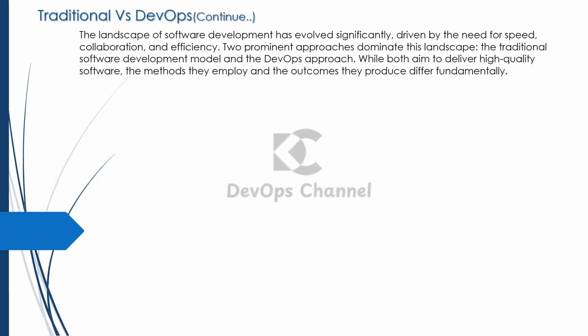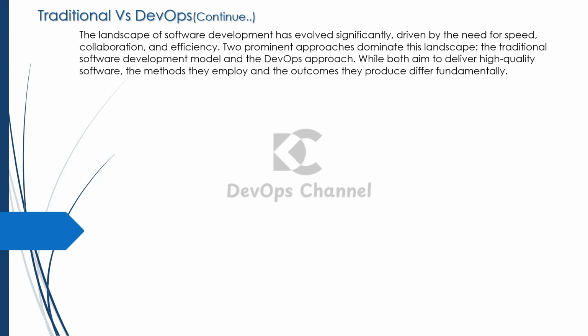Now, the landscape of software development has evolved significantly, driven by the need for speed, collaboration, and efficiency. Every company needs its product to be super fast, collaborative, and to provide a valuable product.